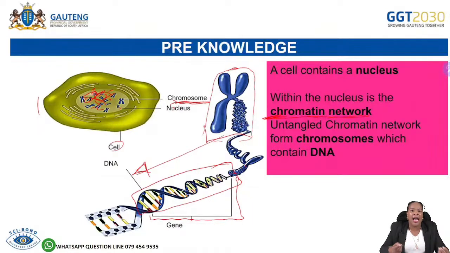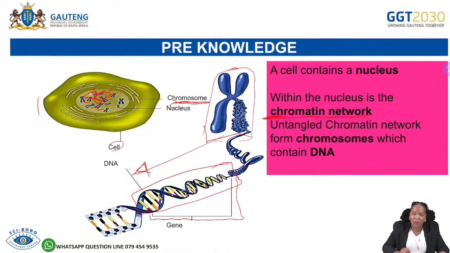Characteristics may be height, eye color, hair, whether it's straight or curly, hair shape. All those characteristics are called traits, and we inherit them. So where do you get the information from? You get it from a gene.